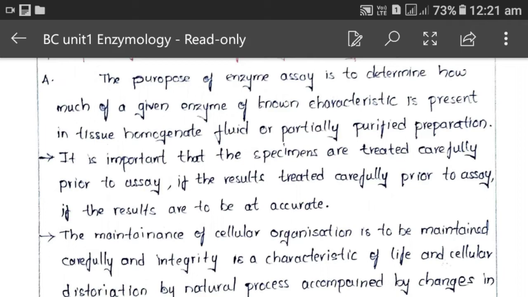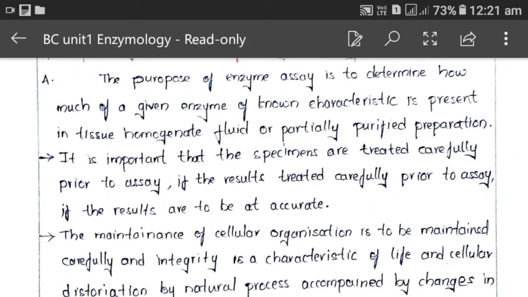That means to know the characteristic or concentration of a particular enzyme in the tissue homogenate, we can estimate it using this assay.